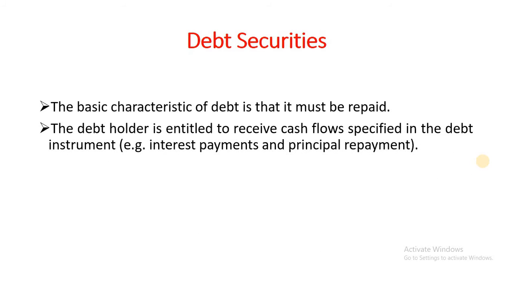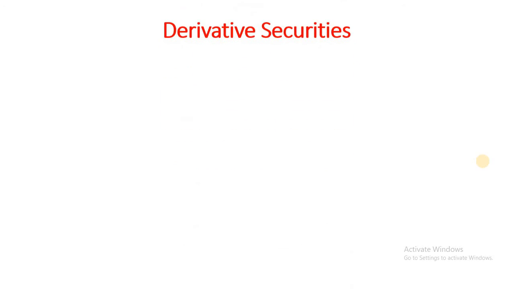So the debt holder or the investors of debt securities are entitled to receive cash flows specified in the debt instruments. For example, debt holders or the investor of debt securities are entitled to receive periodic interest payments and principal payment at maturity. Finally, we'll look at derivative securities.